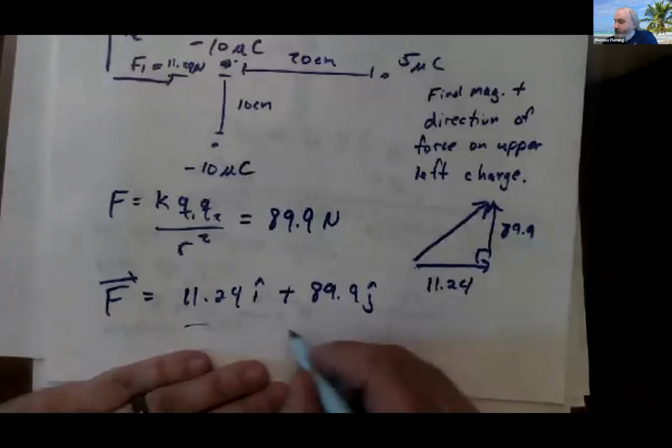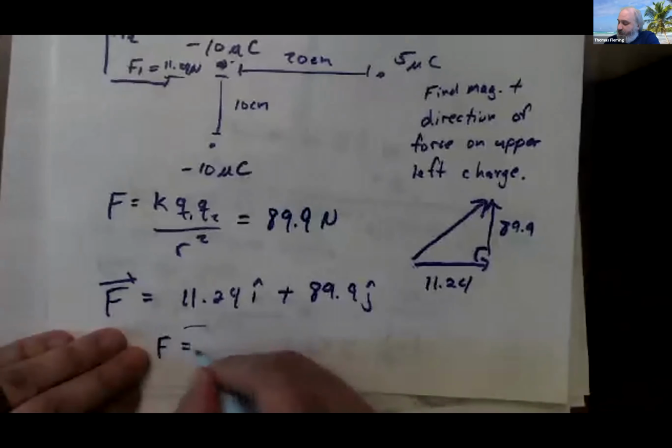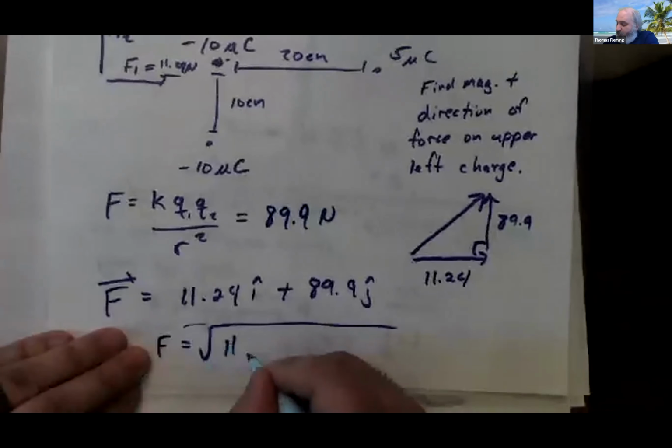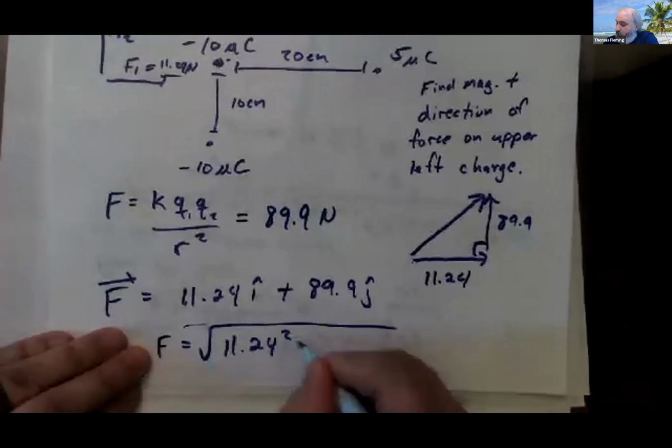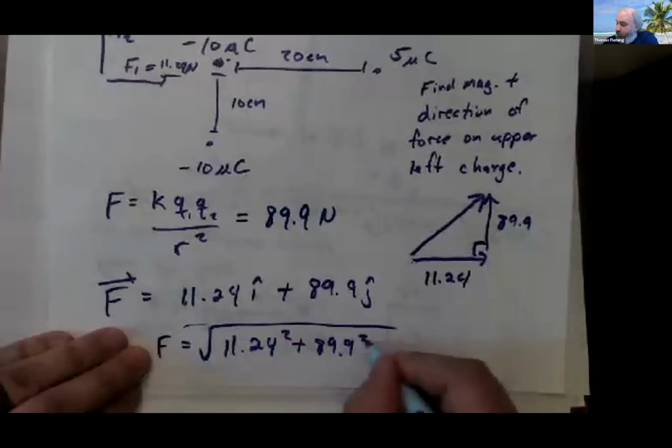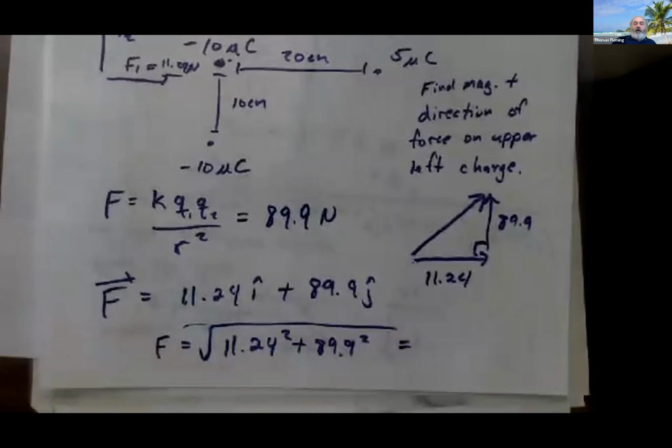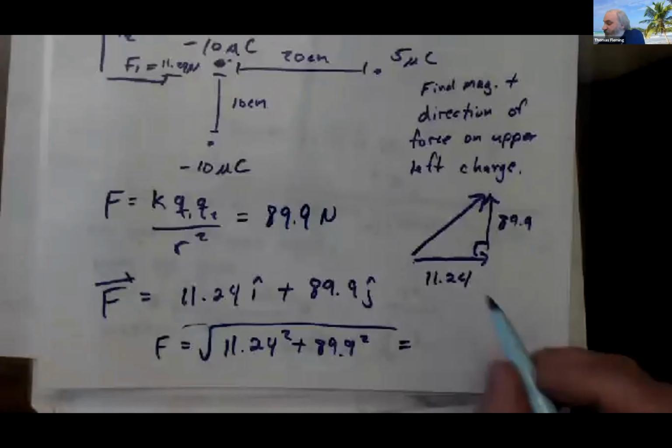So my magnitude of F is going to be the square root of 11.24 squared plus 89.9 squared. And that's a number that I can easily crunch. Let's square root that, and I get 90.6.